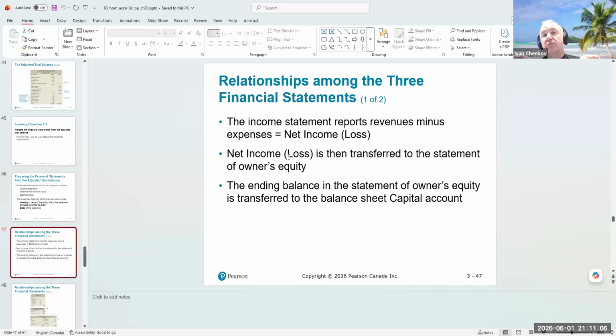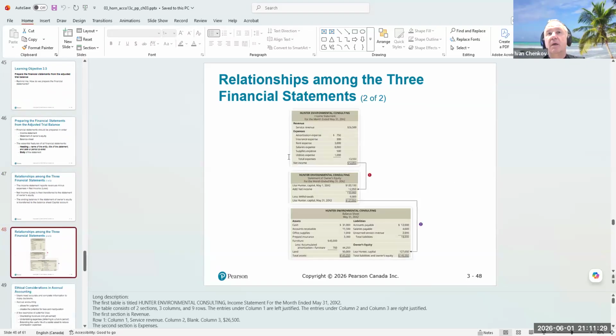We have to wait for tomorrow, and then we're going to see. So for that reason, remember it: income statement and statement of owner's equity are prepared for a period of time. Balance sheet is prepared at this point in time.